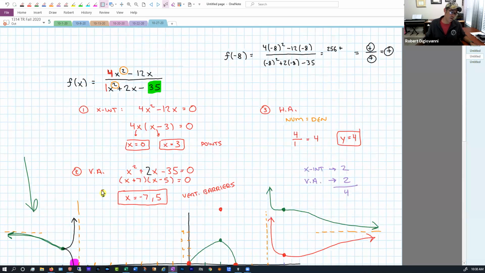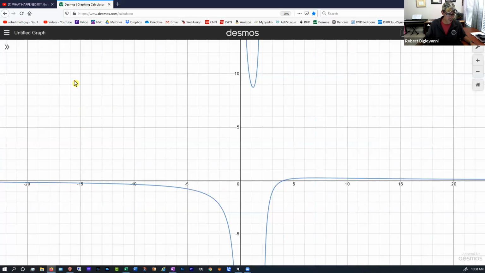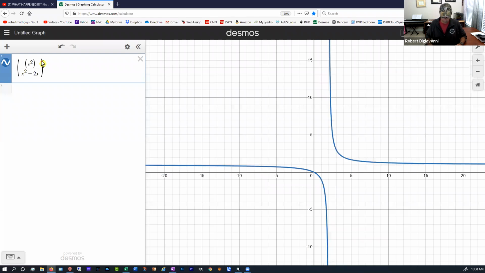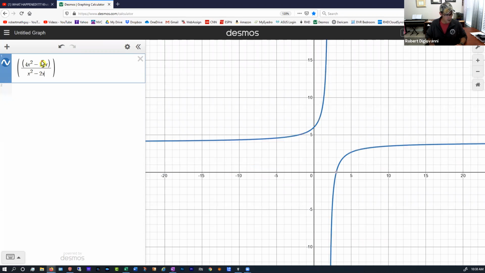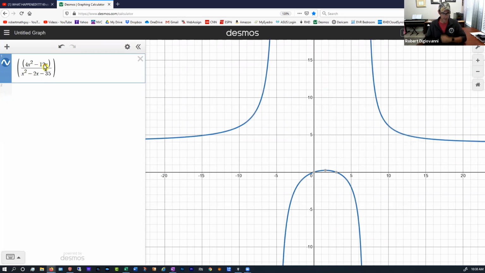All right, let's look at this function on the graphing software and see how good ours is. So on the top, we had 4x squared minus 12x. And on the bottom is x squared minus 2x minus 35. Wait, hold on.